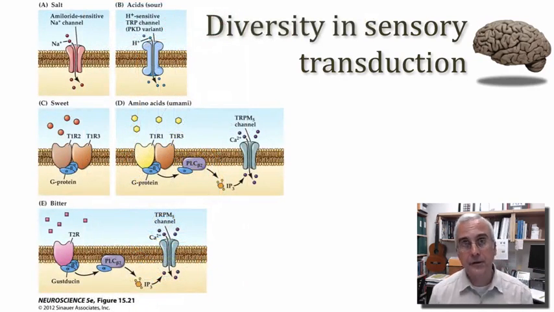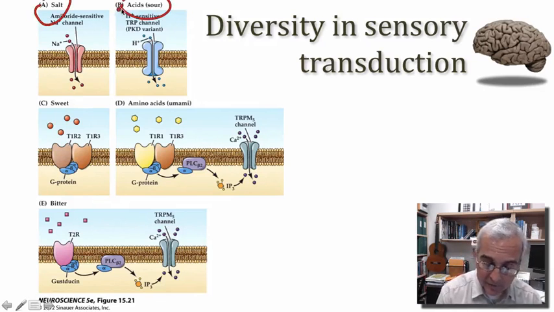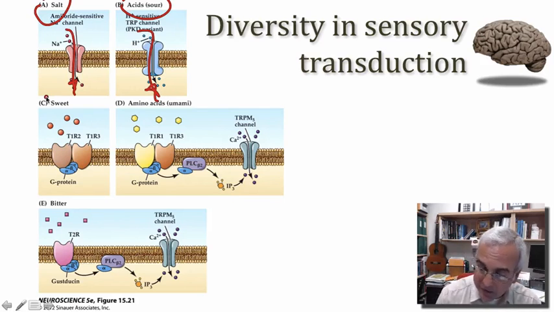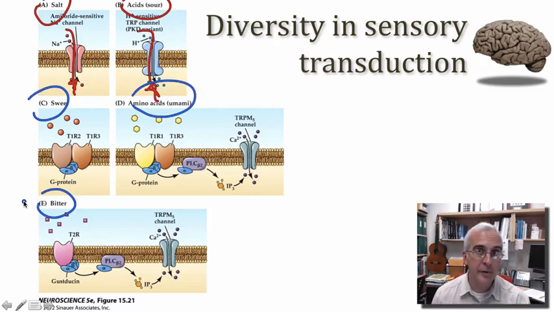And this figure gives us more detail than we need to know, but it gives us a closer look at the transduction machinery associated with the receptor. So again, the salts and the acids, they interact with receptors that are on ion channels. And as these receptors are gated, then sodium ions or protons can pass into the taste cell and lead to its depolarization. Other tastants, such as the sweets, the amino acids, the umami tastants, and bitter, interact with G protein coupled receptors.